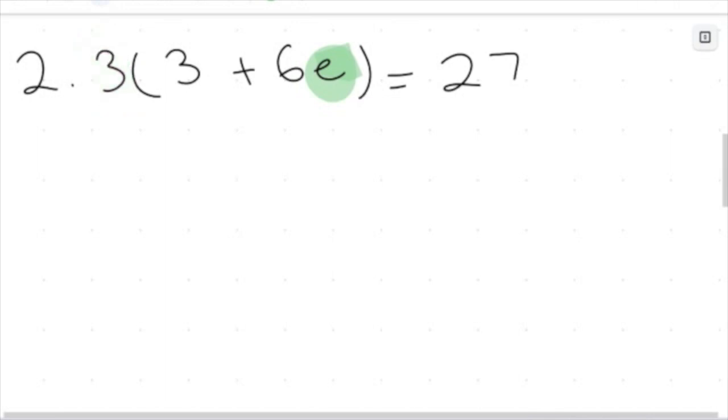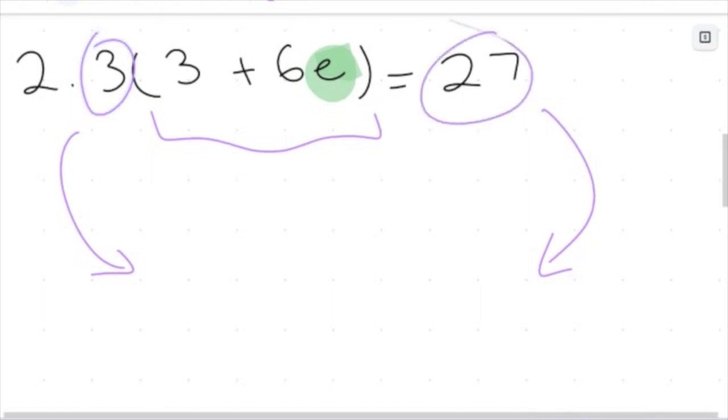So I can think of this systematically, through the lens of how we solved these equations in the previous few videos, one step at a time. I want to find out what number multiplies by 3 to give me 27. If you know your times tables, you should be able to pick this one up.